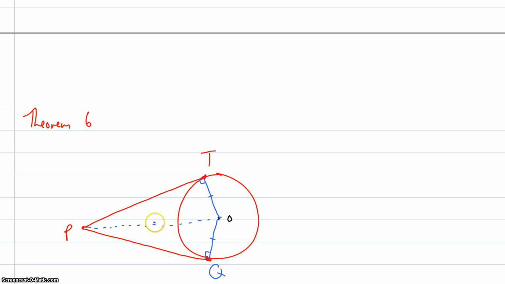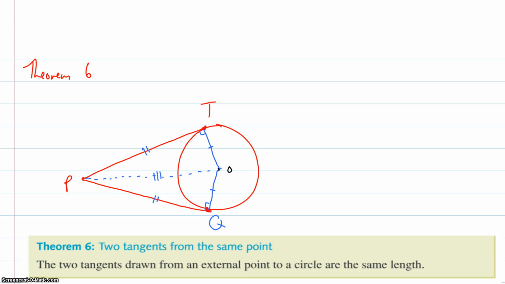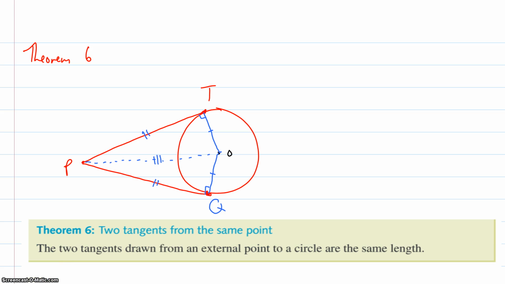That line there is going to be the same for both triangles. Therefore, because we've got two sides that are the same, these two are the same and these two are the same, that means that these two over here will also be the same as well. And so that gives us Theorem 6, which is two tangents drawn from an external point to a circle are the same length. So PT is the same length as PQ.